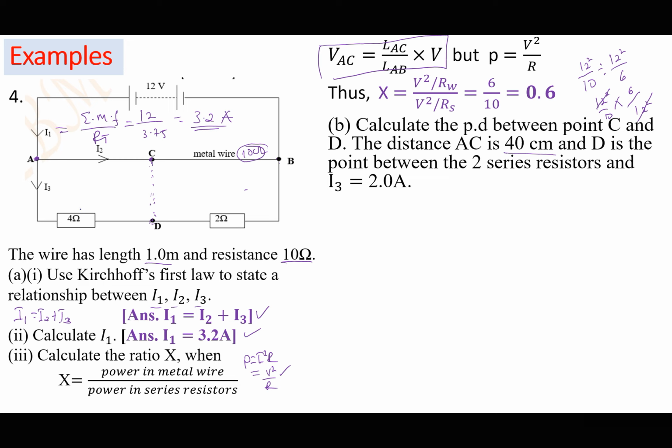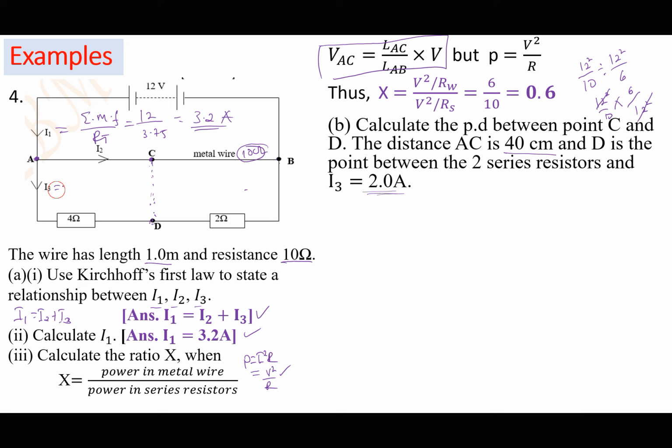Then the PD across AD could be got from the current I3 times the resistance, which is 4 ohms. However, we don't have the current yet. However, they gave us the current I3 to be 2 amperes.